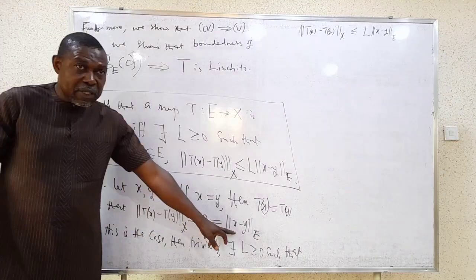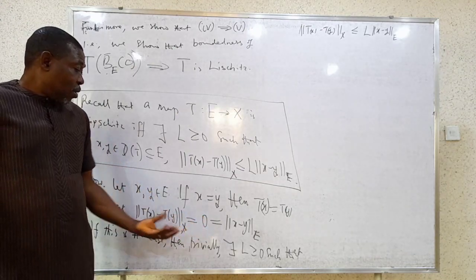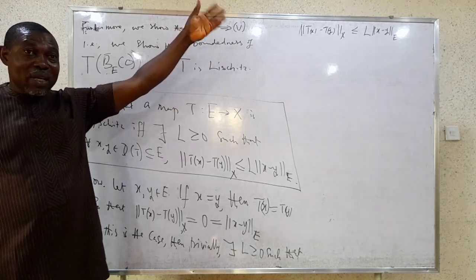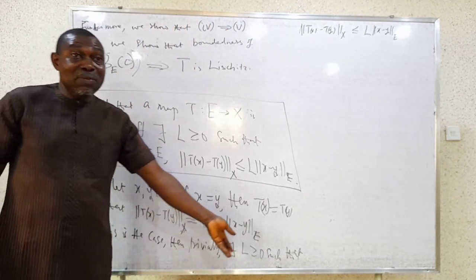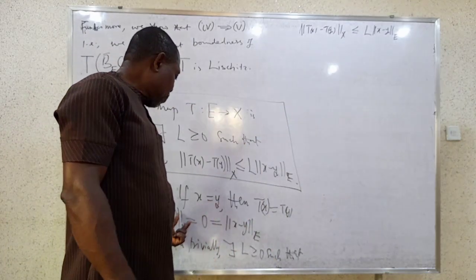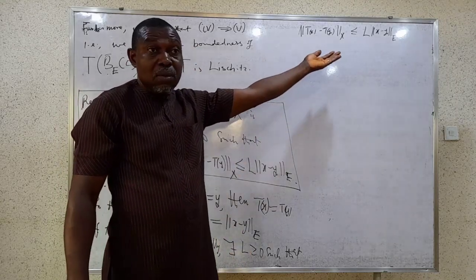If this is equal to this, because L is greater than or equal to 0, this is 0, less or equal to 0. We can choose L to be any constant. Nothing stops us from choosing L equal to even 0. You understand? Any constant will do, because here is 0 and here is 0. Any non-negative constant will do.